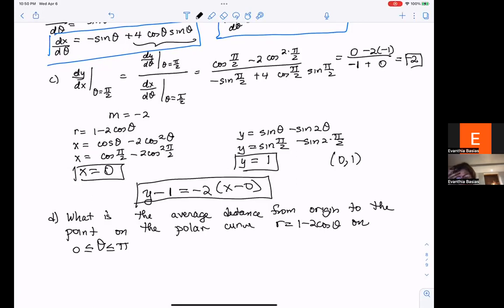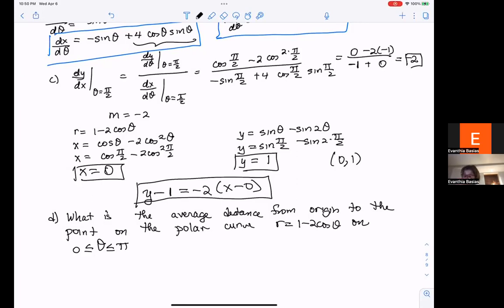Now, when I saw average distance, I was thinking of arc length, but we don't know the arc length of polar curves. We didn't do that. We only know the arc length of parametric curves and the arc length of a curve on the rectangular plane, but not polar curves.